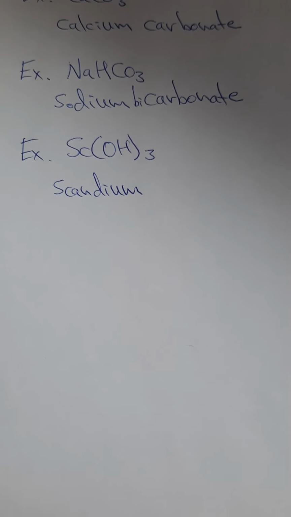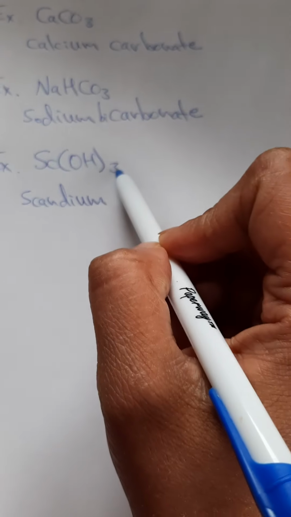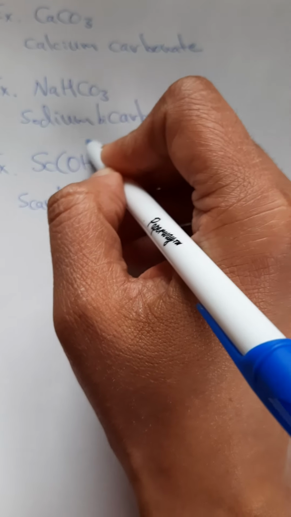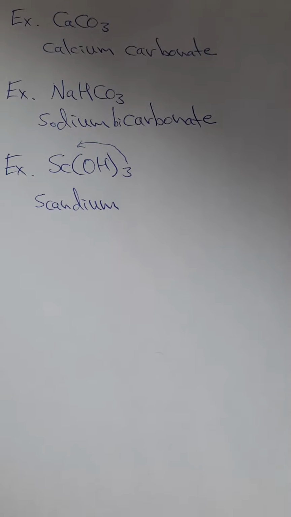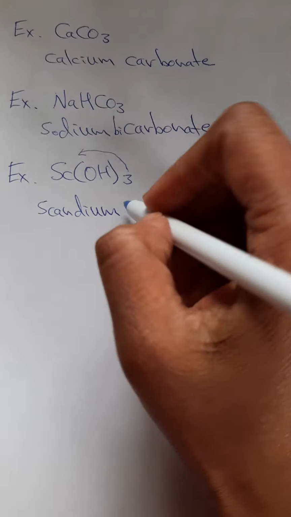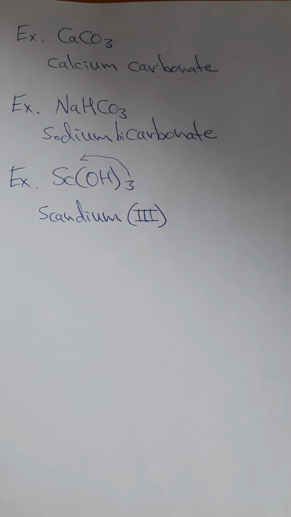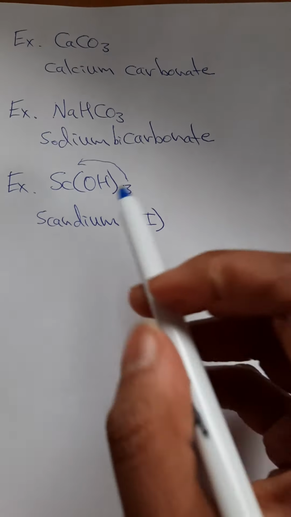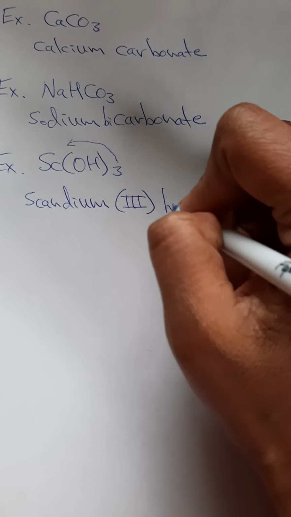Even if I don't know what the charge is for scandium and I don't want to look at the periodic table, or maybe the periodic table didn't indicate the charge, I can just do the reverse crossover method. This 3 is coming from the scandium, so I know scandium has a charge of 3+ here. So we're going to put it in brackets with our Roman numerals. And if you see OH, just like we had in our list, OH is hydroxide.